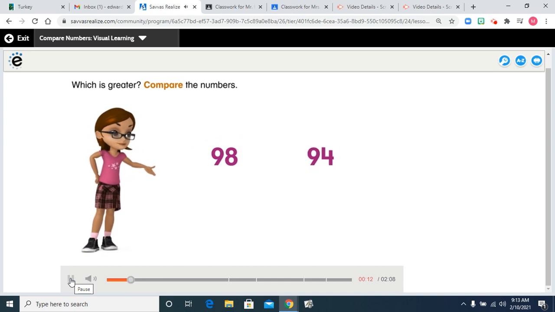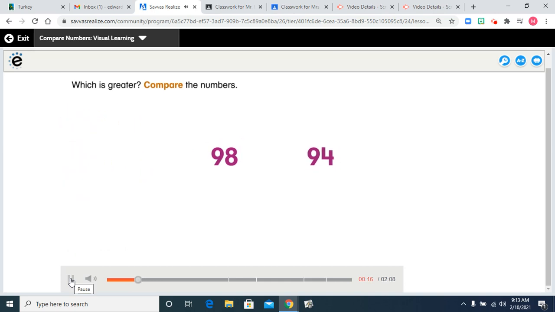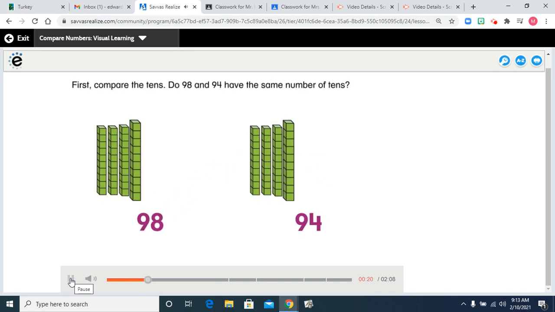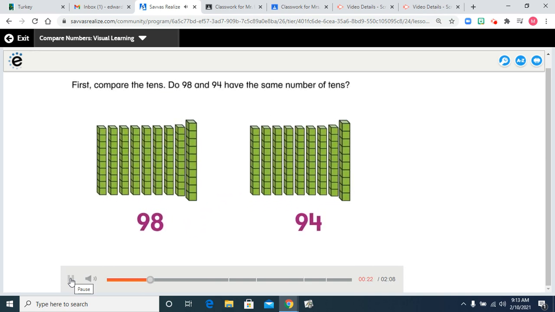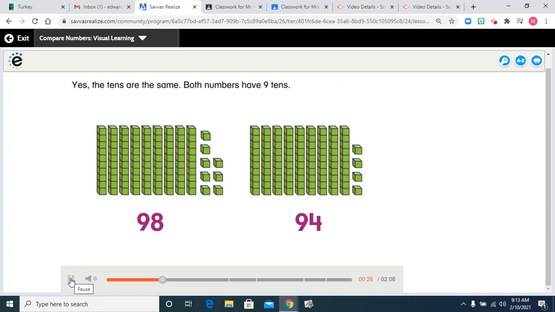Which is greater? Compare the numbers. First, compare the tens. Do 98 and 94 have the same number of tens? Yes, the tens are the same. Both numbers have 9 tens.